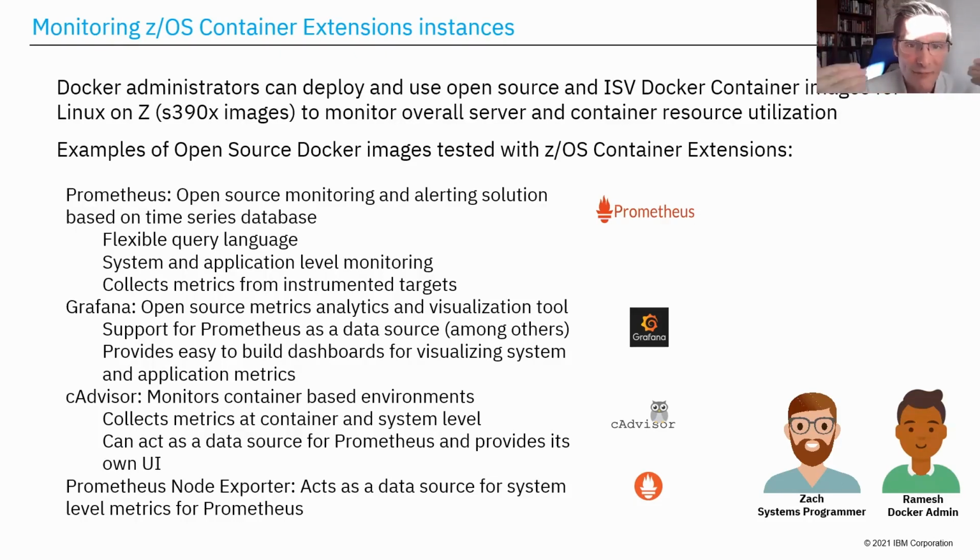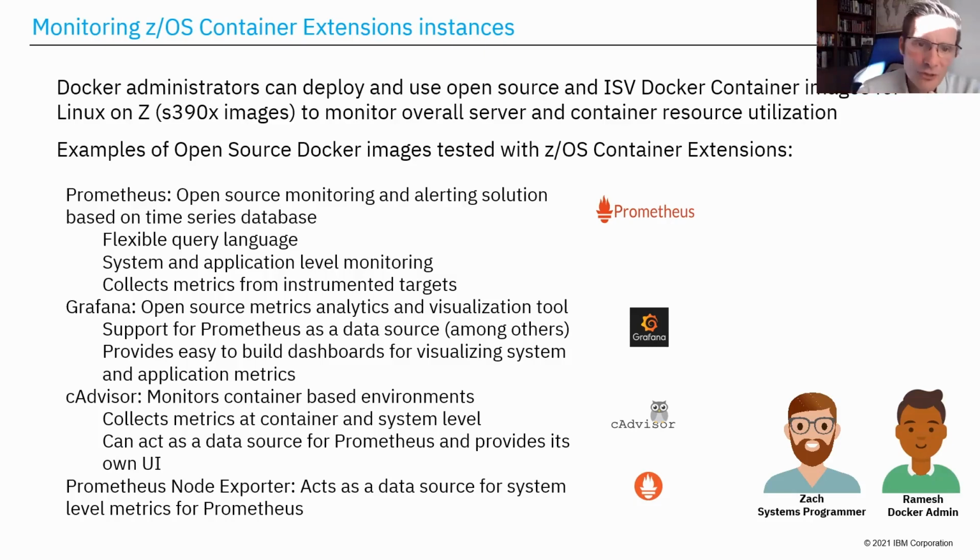However, we cannot monitor at the container level. So if I have 5 containers running inside a single ZCX, how do I know which one of those containers is eating up all the resources?